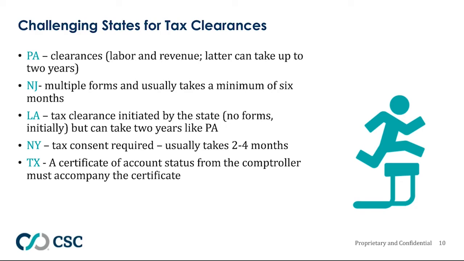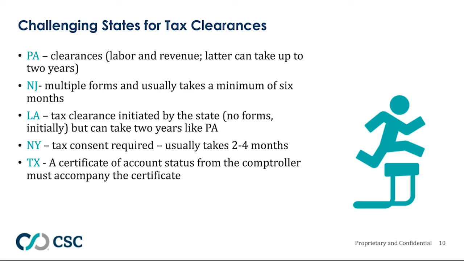New Jersey is another example of a complex state. There are about 5 forms that have to be filled out just to initiate the tax clearance, and then you have to wait to get an auditor in the Division of Taxation assigned, and that alone can take sometimes 6 months. And then the tax clearance usually follows about 2 months after that.